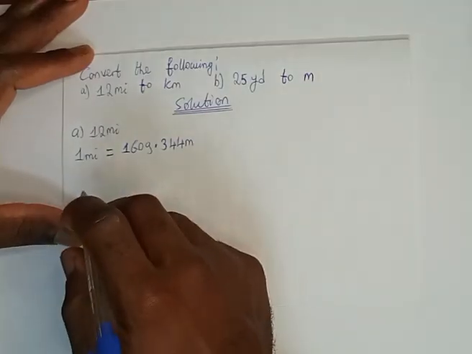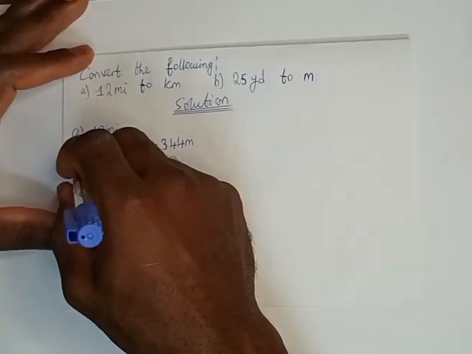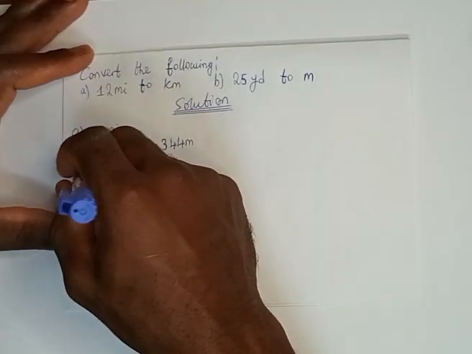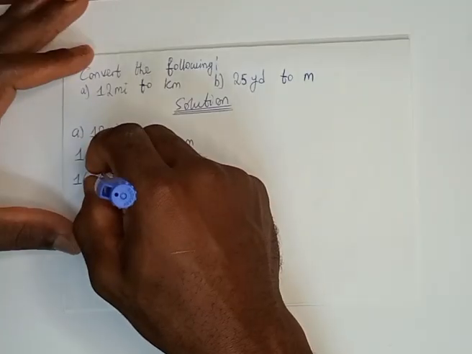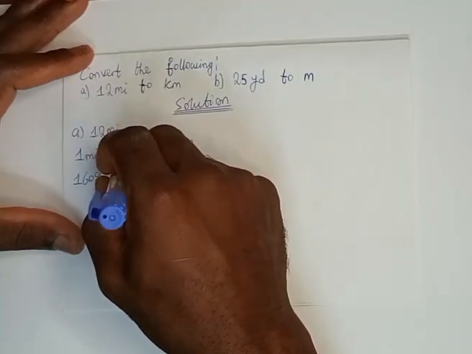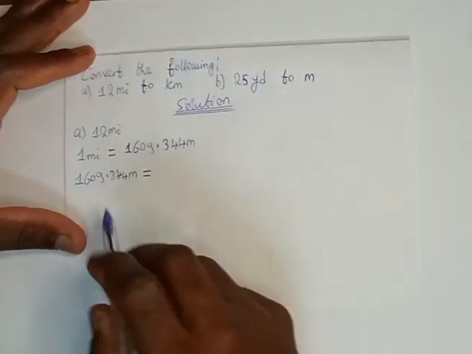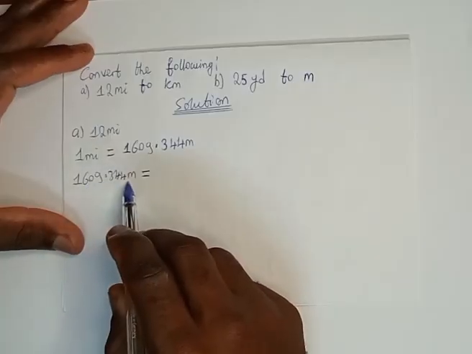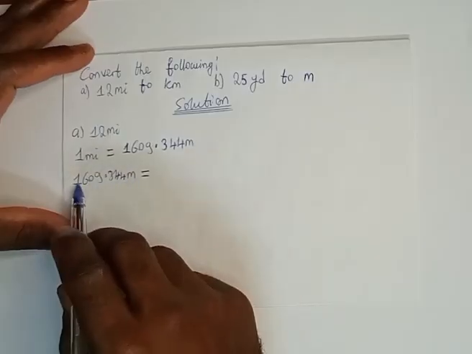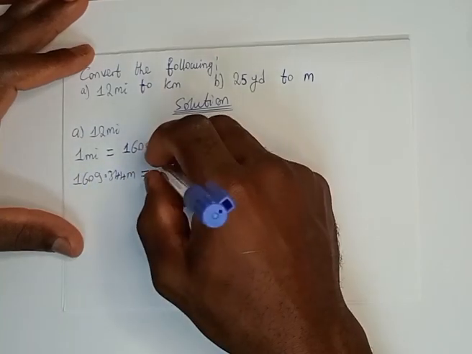We can write this down as 1,609.344 meters is equal to, expressing this in kilometers, that means you have to divide this value by 1,000.